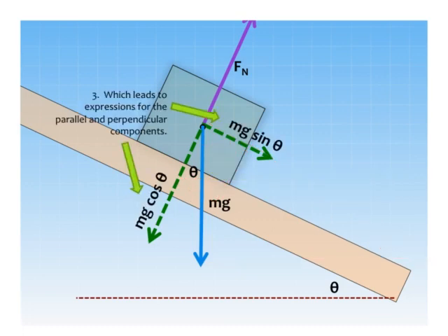So that brings us to our final step. We can now come up with some expressions for the components of weight parallel to and perpendicular to the incline. If we are given an angle down here, and again, almost every time we will be, then mg times the cosine gives us the perpendicular component, and that will eventually be associated with the normal force.